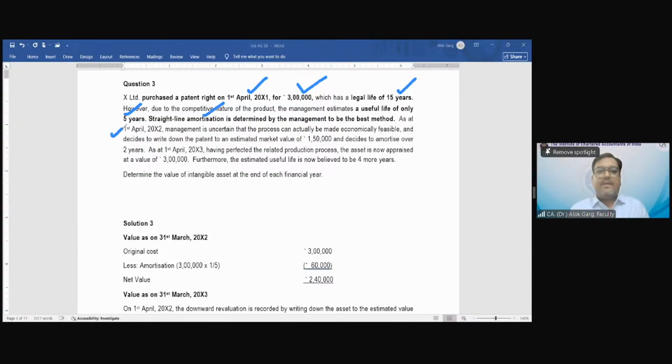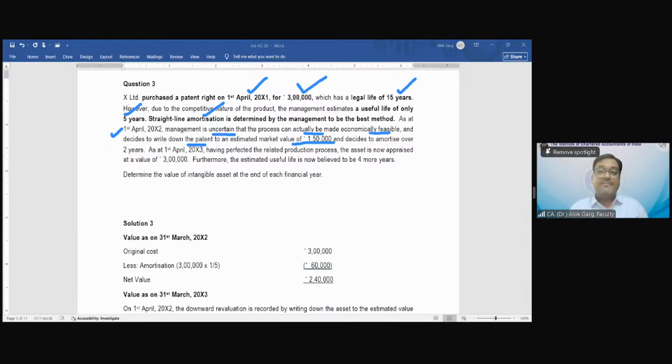On 1st April 2002, means after 1 year, management is not sure that the process can actually be made economically feasible. It means probably this process will not be economically viable, and they decide to write down the patent to an estimated market value of 1.5 lakh.